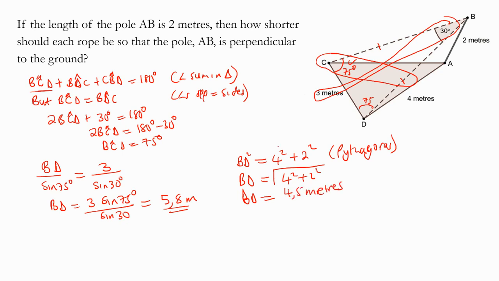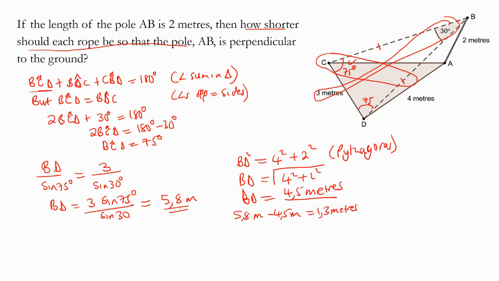But the question said, how short should each rope be so that the pole AB is perpendicular to the ground? So now we need to find the difference between 5,8 meters and 4,5 meters. So we say 5,8 meters minus 4,5 meters is equal to 1,3 meters.